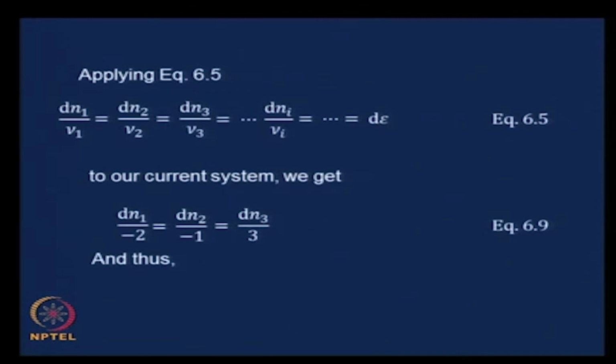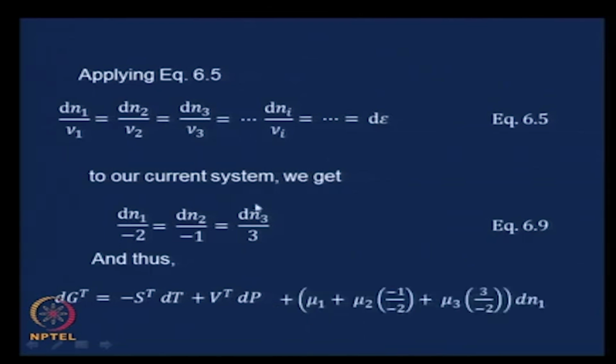And therefore, dG_t can be written as minus S_t dT plus V_t dP plus, remember, this mu_1 dn_1 plus mu_2 dn_2 plus mu_3 dn_3 can be written as mu_1 dn_1 is fine, mu_2 dn_2 is nothing but minus 1 by minus 2 dn_1.